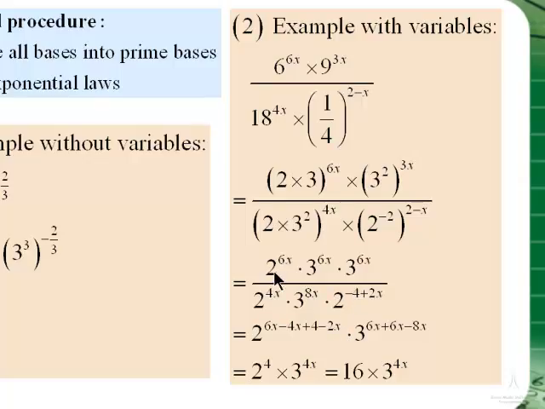And once they're all in the numerator, of course I use the multiplication property to get to this. Do the same for the base 3, so you get 3 to the power 6x times 3 to the power 6x, so it's 6x plus 6x, and this becomes 3 to the power minus 8x, so it's minus 8x. Then add the like terms.